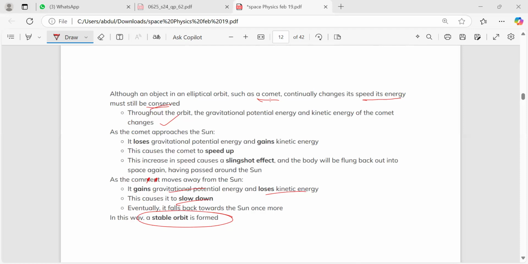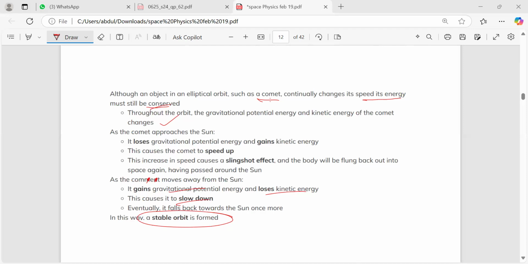If it is changing speed, it means it is changing kinetic energy, and potential energy is dependent, so it will also be changing. Throughout the orbit, the gravitational potential energy and kinetic energy of the comet change, but the sum of these two energies stays constant to conserve the energy.